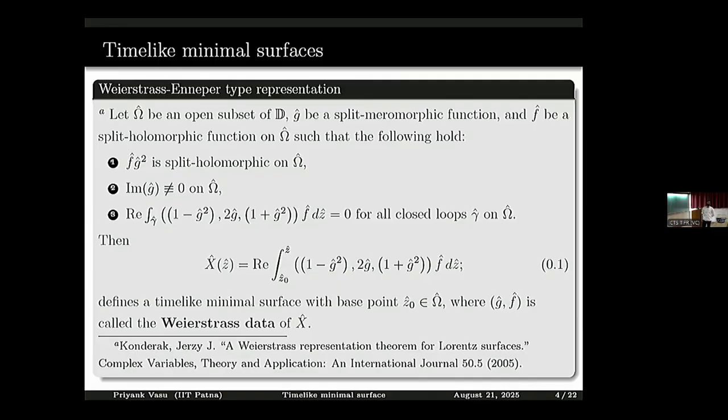That means the order of zeros of F should be twice the order of poles of G. Second, imaginary G should not be identically 0, which means the surface is well defined. The third condition, a very important one to define the surface, is that the real part of the triplet integration, for any loop gamma hat defined in omega hat, should be 0. Then G hat and F hat are called the Weierstrass data for X hat, our minimal surface.